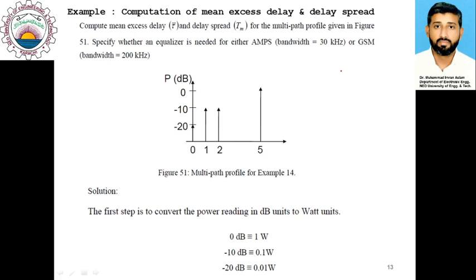In other words, when the coherence bandwidth is smaller than the signal bandwidth, we would need an equalizer; otherwise we would not. So in order to determine this, you need to compare the coherence bandwidth with the signal bandwidths of the different systems.